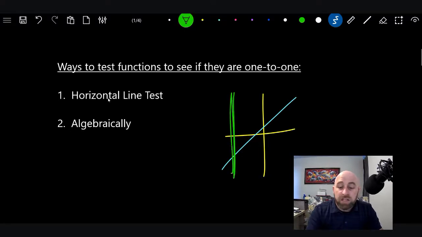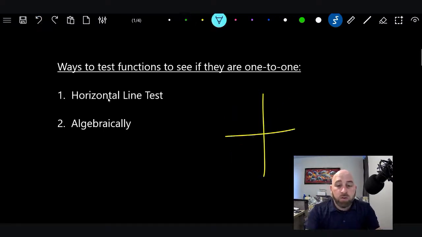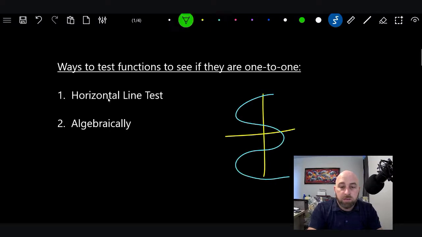We're going to test a vertical line. If it touches it once, it's a function. If it touches it more than one time, then that is not a function. Remember when we did the graphing: one time, function. More than one time, no function.